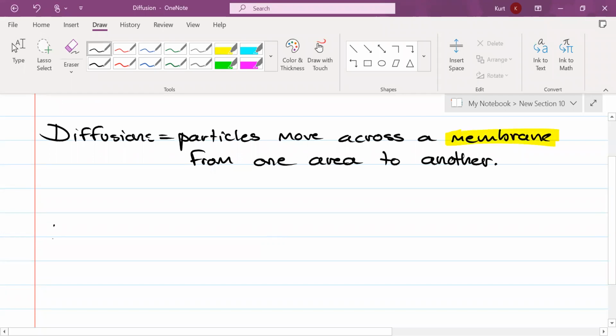Remember that a membrane is no more than a barrier separating two areas, and it can sometimes let things through.